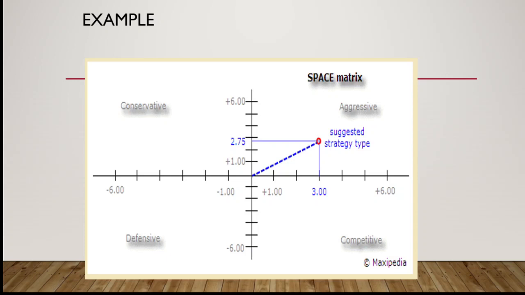And then we need to get the average. And then i-add natin yung average ni financial strength and environmental stability. And i-add din natin yung average ni industry strength at competitive strategy, and then we will plot it in the graph to determine what strategy should be done.